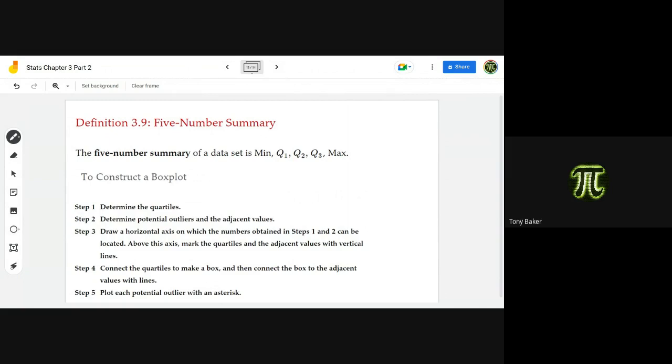You're going to mark your Q1, Q2, and Q3, draw your box to make those, and then draw your lines out to your min and max, or the lower limit or the upper limit if there's outliers. And mark each outlier with an asterisk or a nice little star. So your 5-number summary is your min, your Q1, your Q2, your Q3, and your max. So it just gives you another way to look at data and give information.